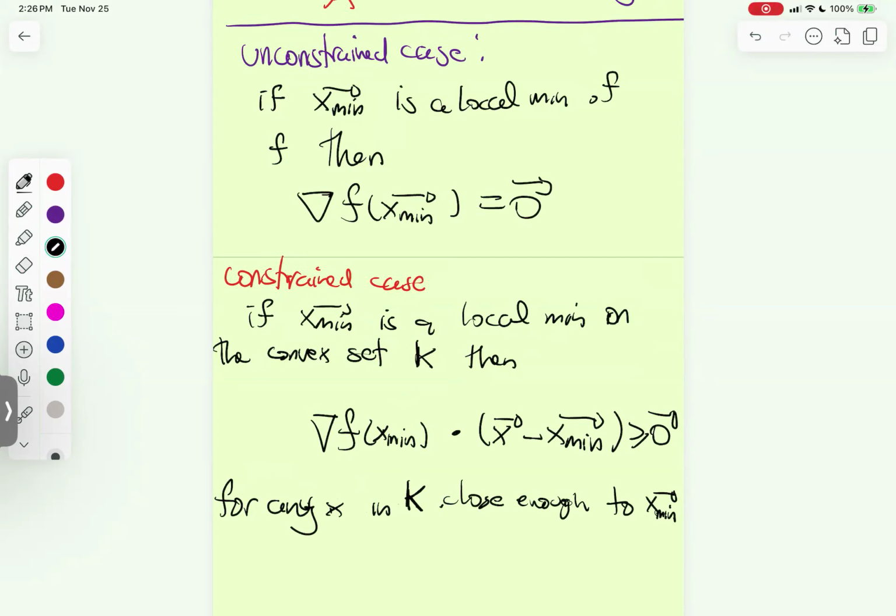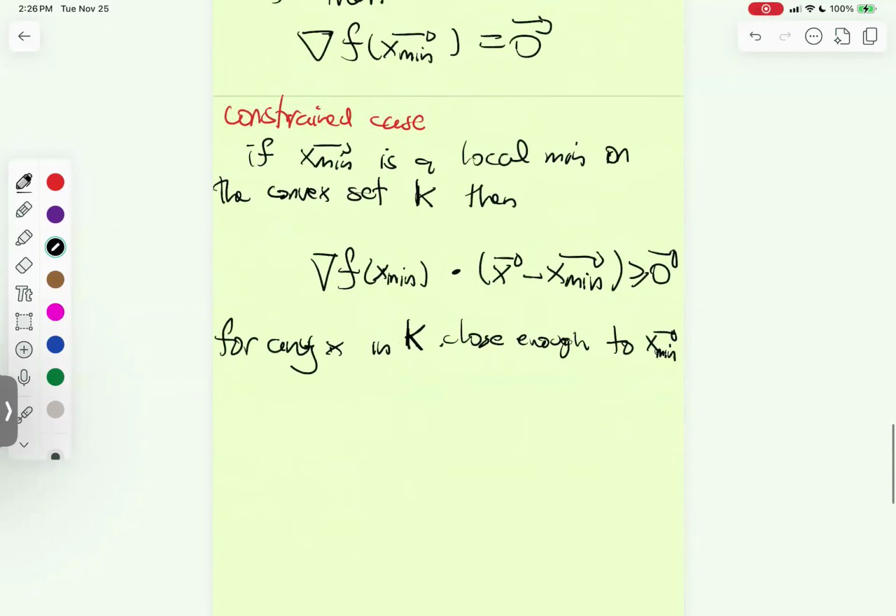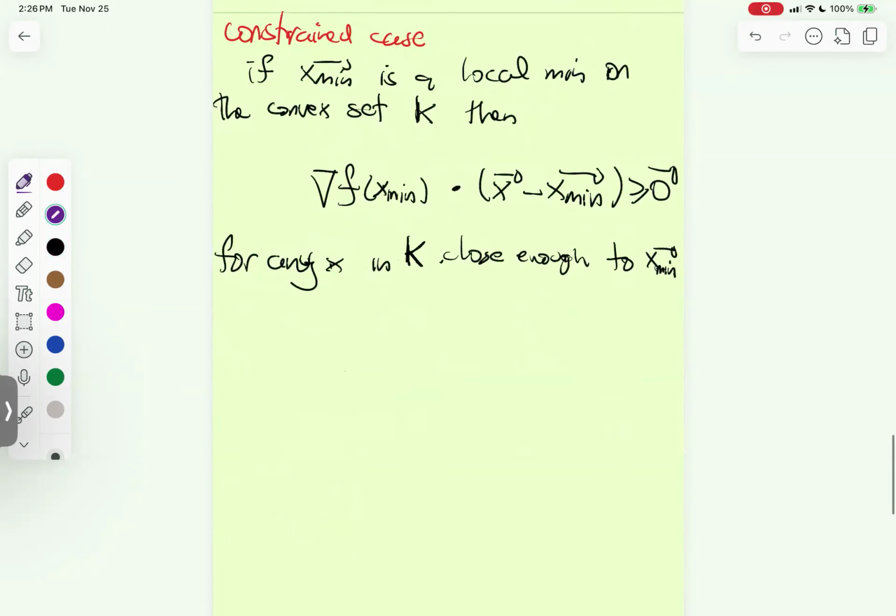So let me explain what the main difficulty could be in this case. The idea is that if you have a convex set, the thing is that now the minimum can occur in the boundary of the convex set. If you have a minimum in the interior, then it's totally fine.